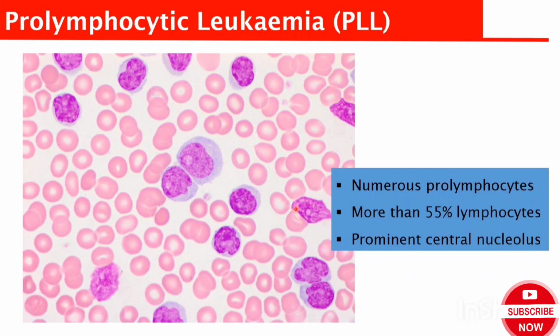And of course, if they present you a blood film, if you have the confidence, you can say this is the type of leukemia, not just saying it's a lymphocytic leukemia. You can have confidence to say, this is prolymphocytic leukemia. You can say, this is acute prolymphocytic leukemia or chronic prolymphocytic leukemia, depending on the confidence you have. But the principle remains the same as I'm trying to show you here.